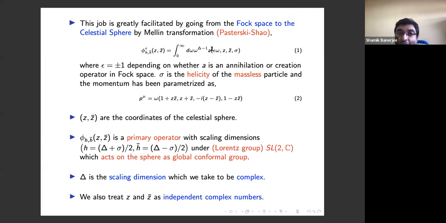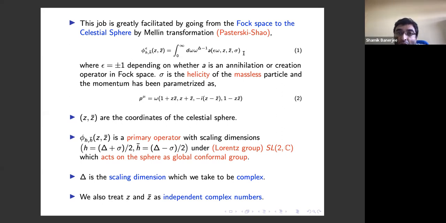Equation 1 gives you the integral transformation, which takes you from the Fock space creation or annihilation operators, A, epsilon, omega, z, z bar, sigma to these fields on the celestial sphere, which we write as phi h, h bar, z, z bar.